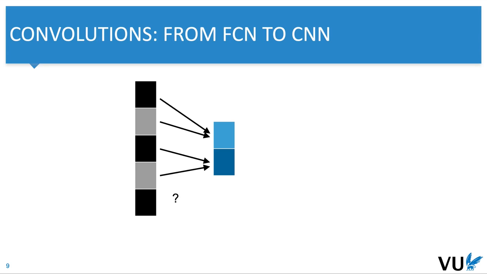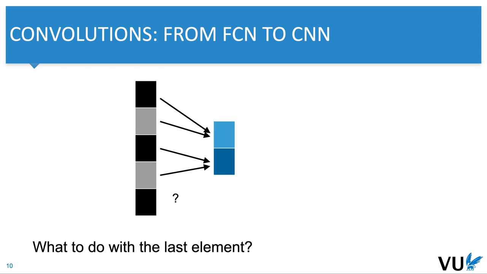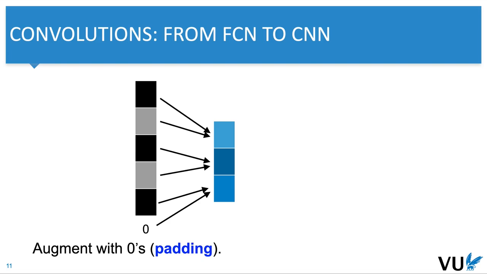What we can do with this last element is just add an artificial 0 and simply apply this shared small fully connected network to this artificially added 0. This operation is called padding, and it's widely used in convolutional neural networks to keep dimensionality proper.